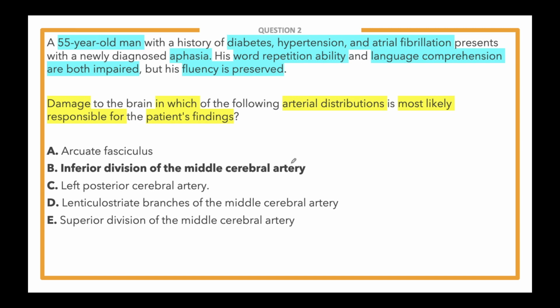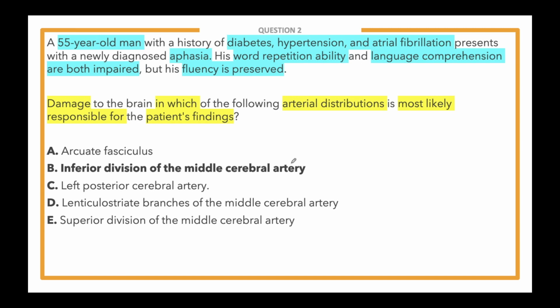Answer choice E, this would most likely be getting at something causing Broca's aphasia or a lesion in Broca's area, okay? And this is more of the superior aspect of the middle cerebral artery based on where it's affecting in the brain. So Broca's aphasia is also characterized by preserved comprehension, but not able to produce language, which is different than what our patient has.